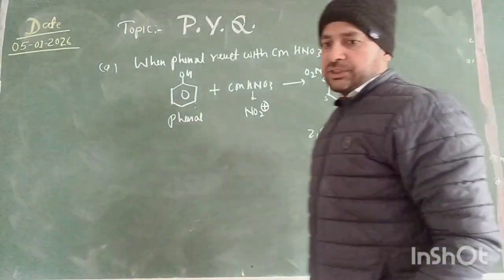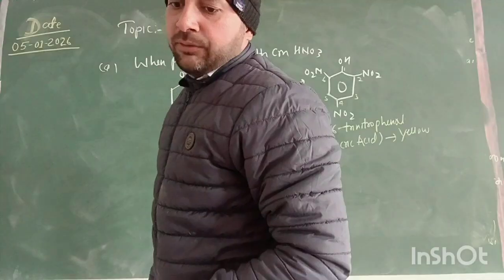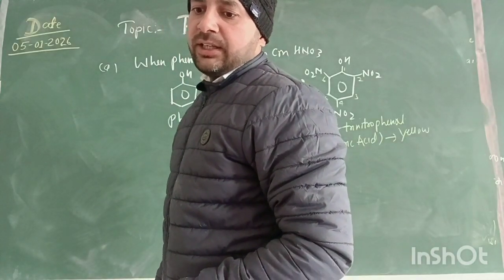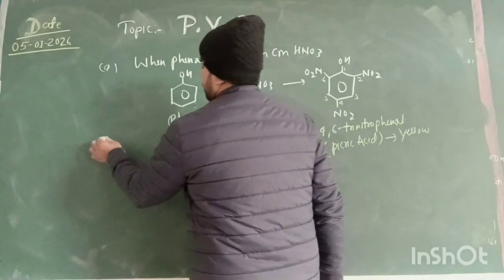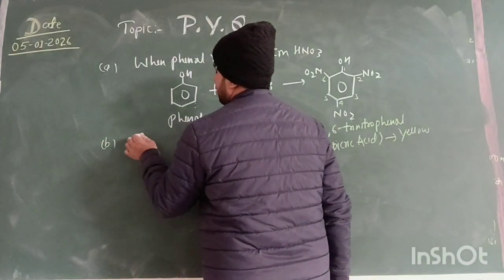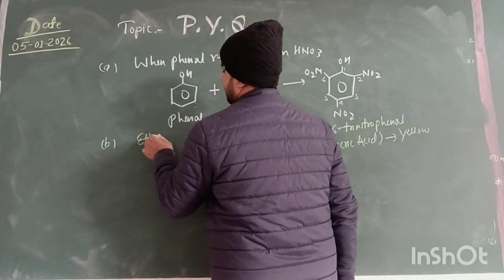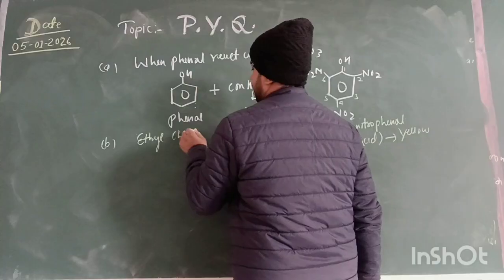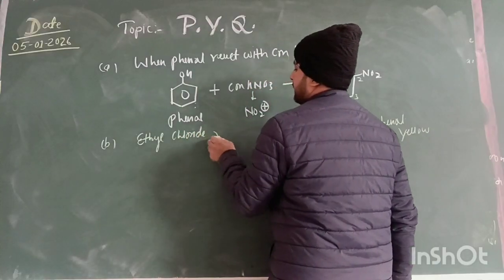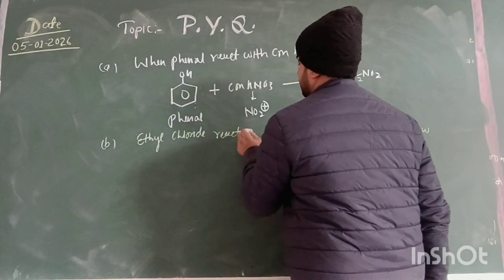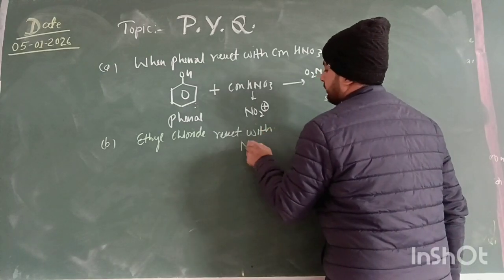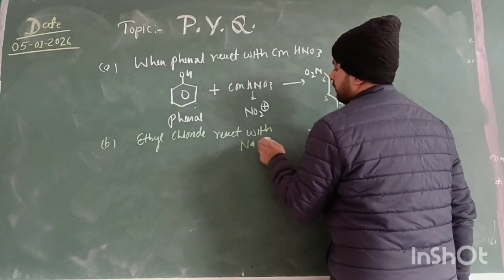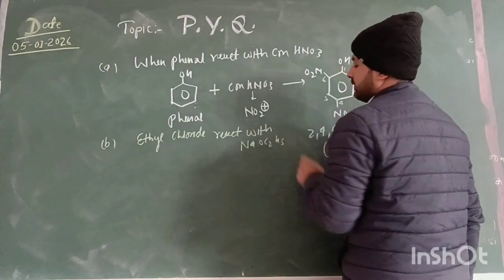Our second question is, what will happen when ethyl chloride reacts with sodium ethoxide, NaOC2H5?